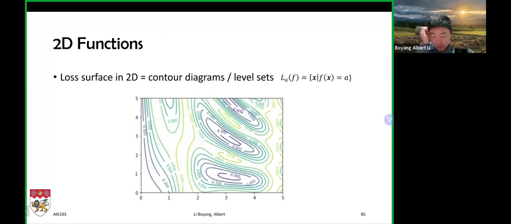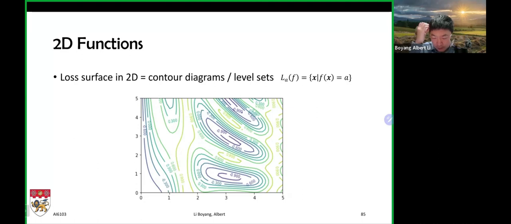Okay, so what we did so far is to look at 1D functions, but in reality we deal with pretty high dimensions. For neural networks, there could be billions of parameters. So we want to imagine things in 2D, which hopefully gives us some intuition about things in even higher dimensions that we cannot quite visualize.